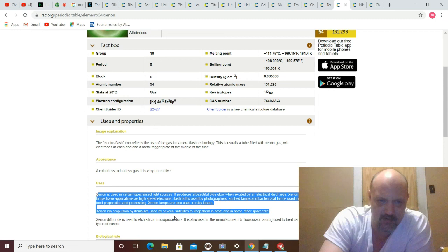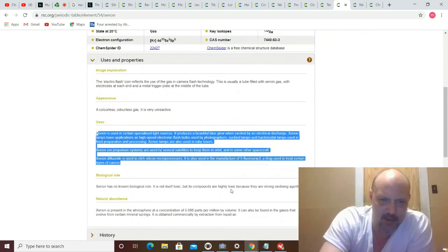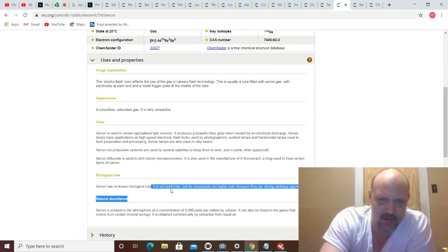So, propulsion systems. Silicone microprocessors. So it's got some uses, but no known biological role. It's not toxic, but its compounds are highly toxic because they are strong oxidizing agents.